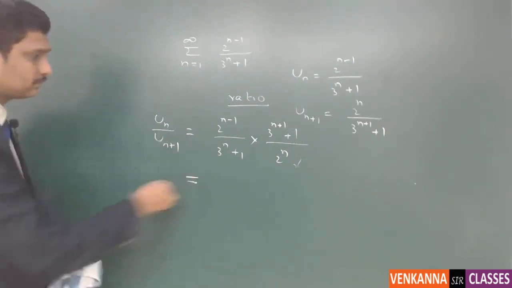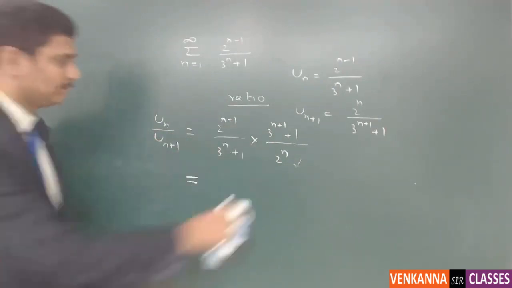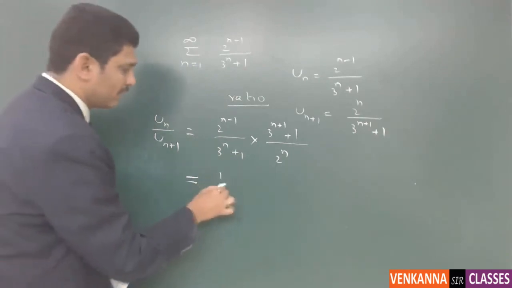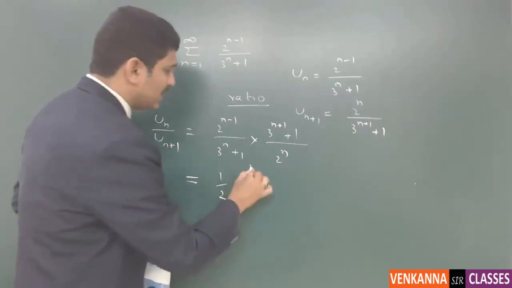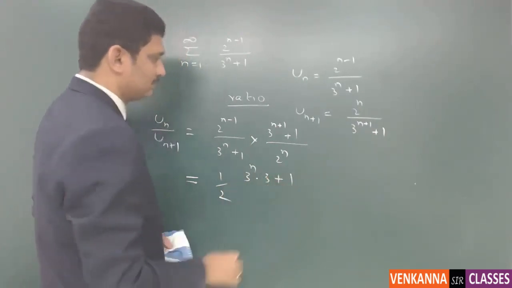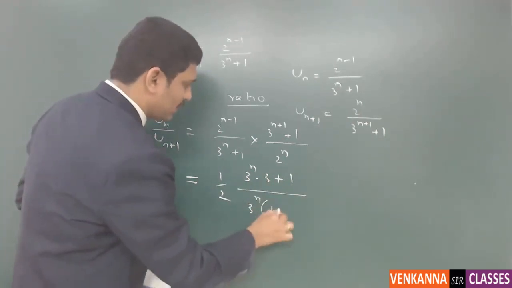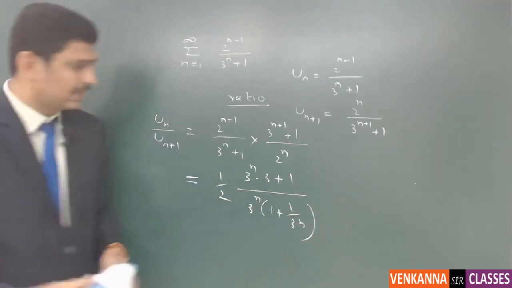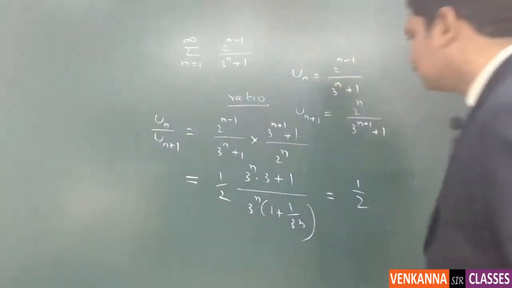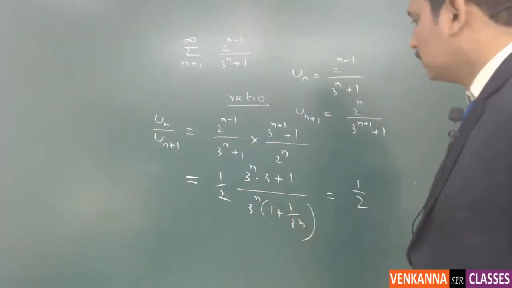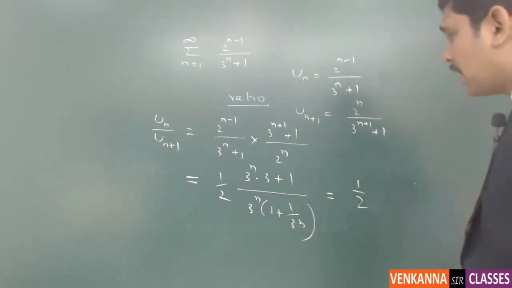So here 2 power n minus 1 gets cancelled. 2 will remain here. So you can take 1 by 2 as common here. So it will be written as 3 power n into 3 plus 1 whole by, if you take 3 power n here, 1 plus 1 by 3 power n, 1 by 2 into. So for these two terms, you take common 3 power n here.